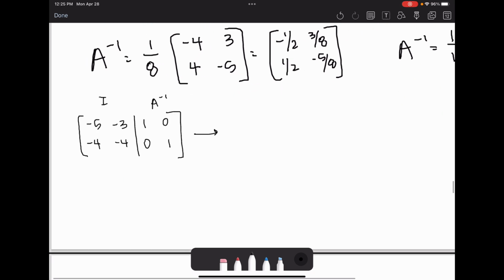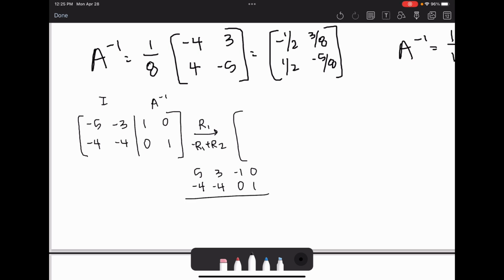I'm going to do row 1. I'm going to do negative row 1 plus row 2. So that would be 5, 3, -1, 0, plus -4, -4, 0, 1. That gives you 1, -1, -1, 1. And then our second row didn't change.